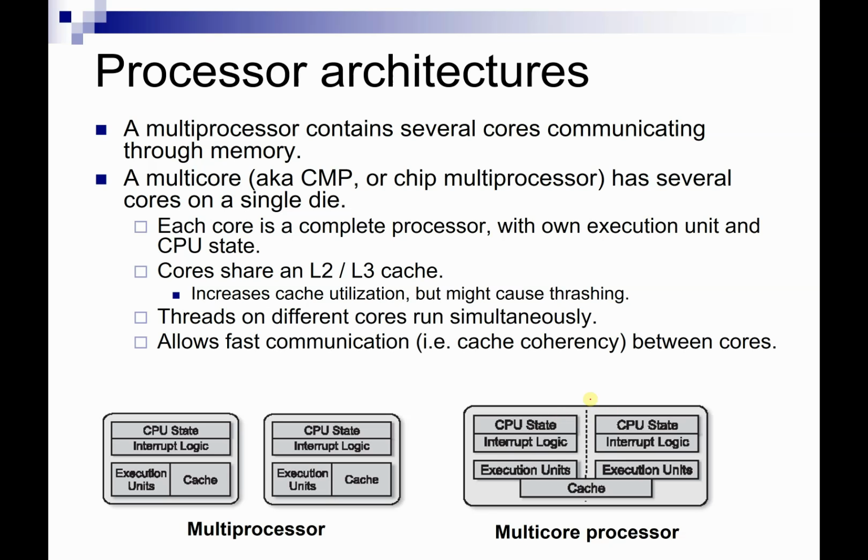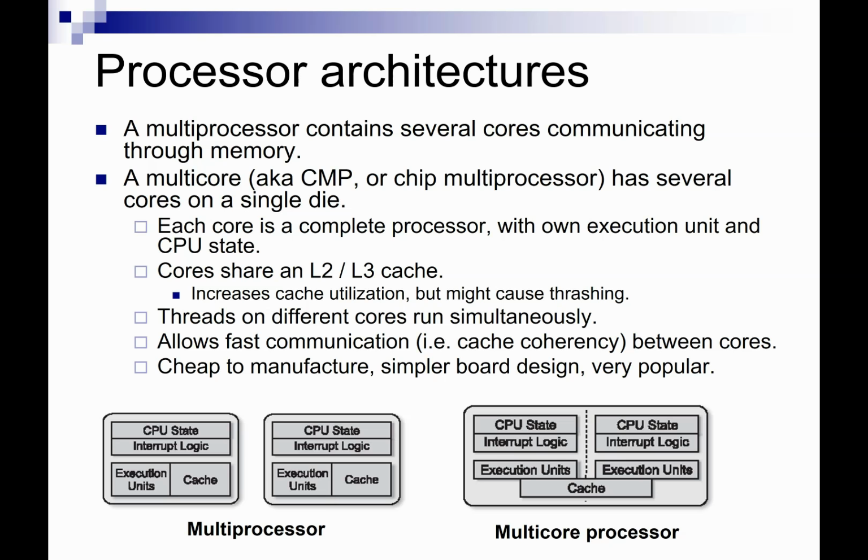Now, you can have threads on these two cores that run simultaneously, and because the cores share the cache, they can communicate very quickly with each other through the cache. Multi-cores are very popular nowadays because, first of all, they're cheap to manufacture, because you only need to manufacture one chip as opposed to multiple chips.